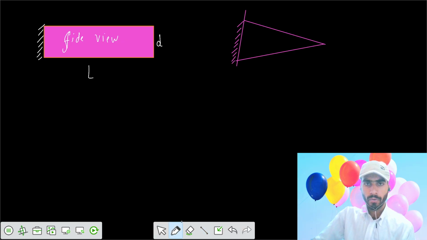So this is your top view. Here the width is 0 and here the width is b, so it varies from 0 to b over length L. If we ask what the 3D looks like, you can show that.